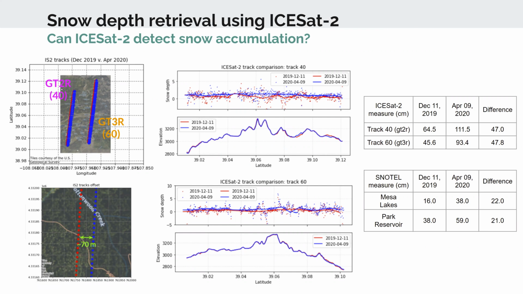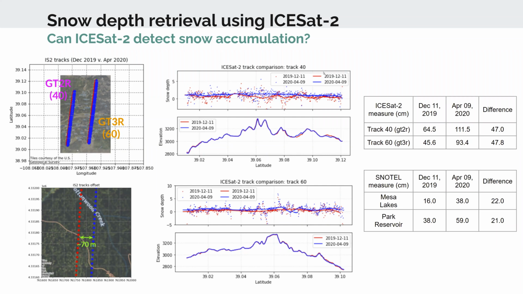I don't know if you know, but ICESat2 has 6 beams, and we just compare these 2 beams among those 6 beams. And here in this table, you can see the ICESat2 snow measurement is kind of an overestimate compared to the SNOTEL measurement sites.